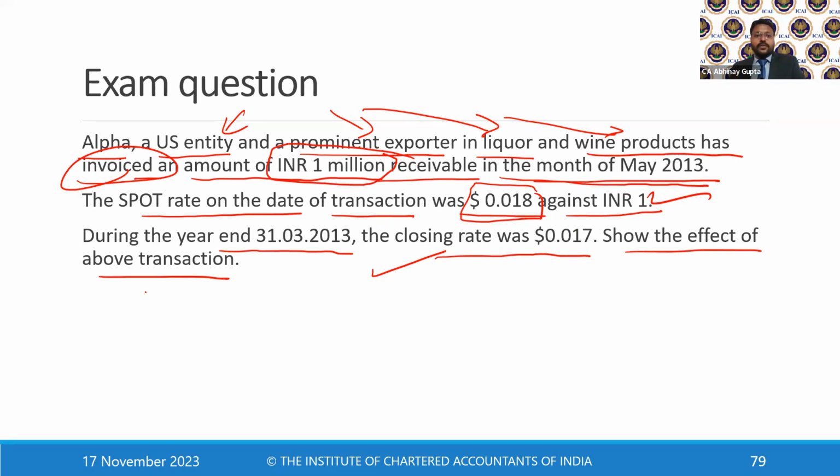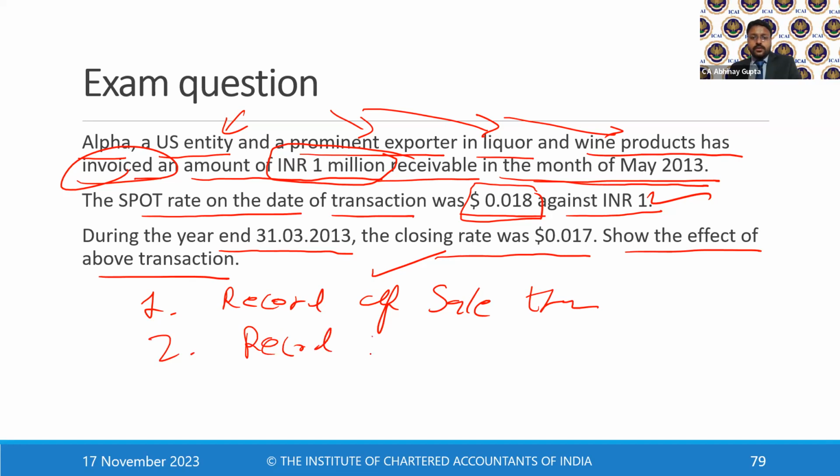So the first effect would be the record of the sale transaction, right? And the second effect would be the record of forex gain or loss on the reporting date. So these are the two items which we need to account for. Just try this once, come up with your answer, and then we will discuss.